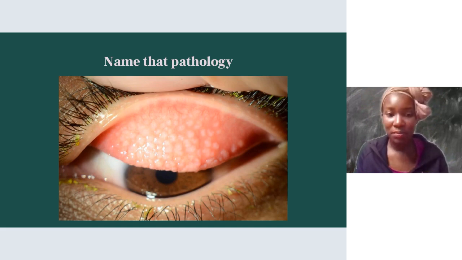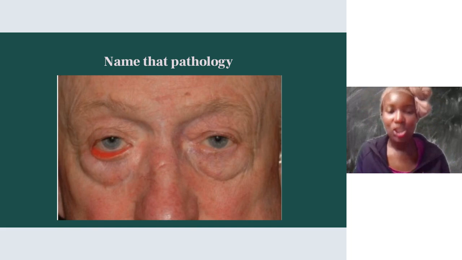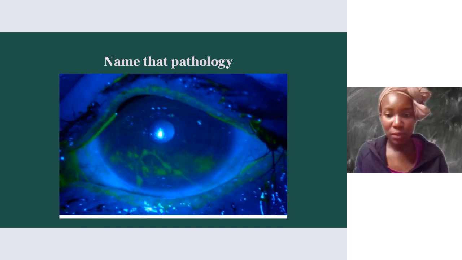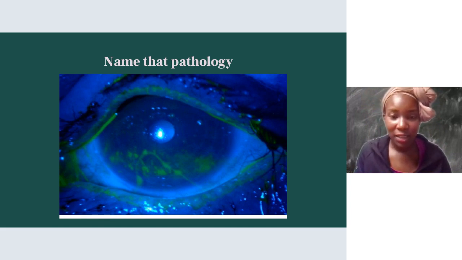GPC. Giant papillary conjunctivitis. Ectropion. Good job. This is the one I think you were thinking of when you asked me about the other one that had the fluorescein on it. Yeah, corneal abrasion.